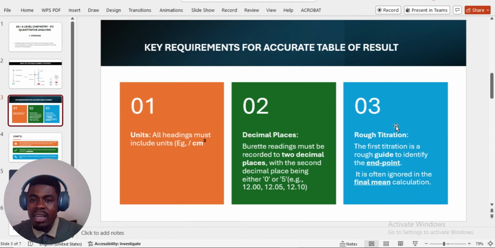Then the third one we can talk about is rough titration. A rough titration is a guide that helps us to identify or get our endpoints, and we don't include it in our final mean calculation or the average titer.